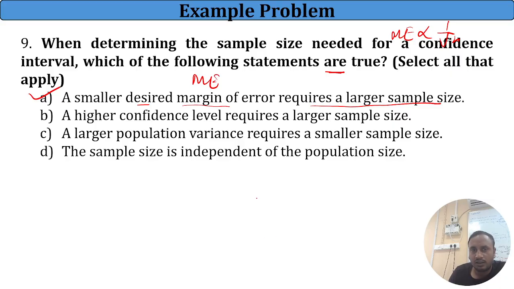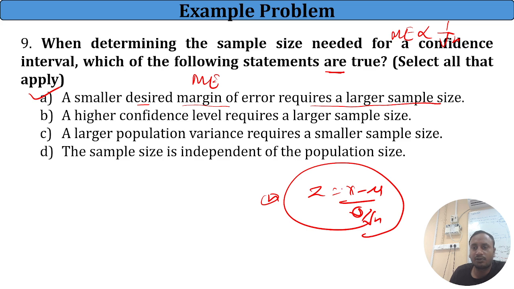We know the formula also. How can we calculate the sample size? We know z is equal to x minus mu upon sigma upon root n. For the confidence level, it's going to be z of alpha by 2, which is directly proportional, so the sample size is going to increase.